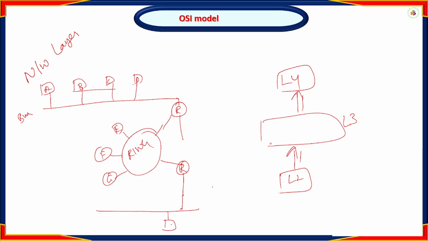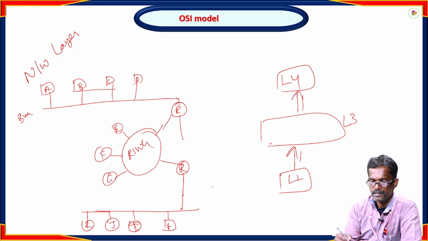This bus also has other systems G, H, I, J, K. Like that, we are having different systems.